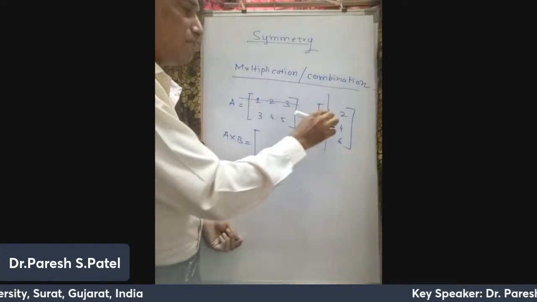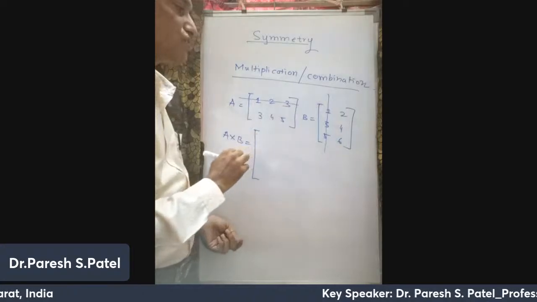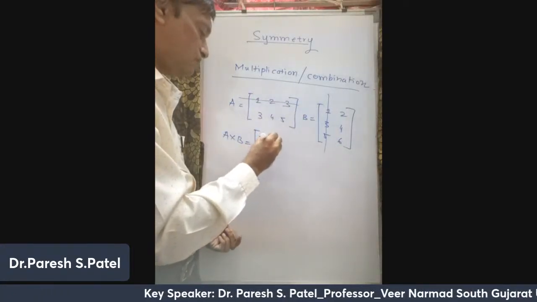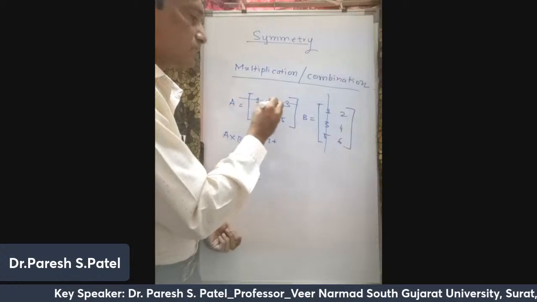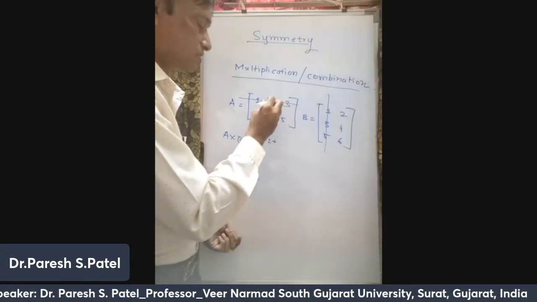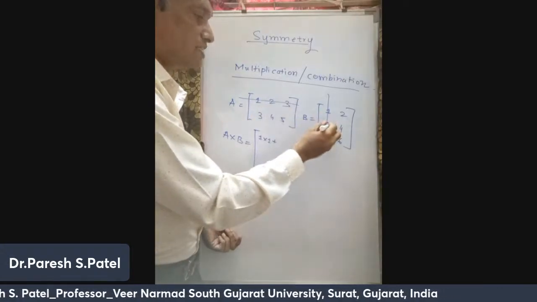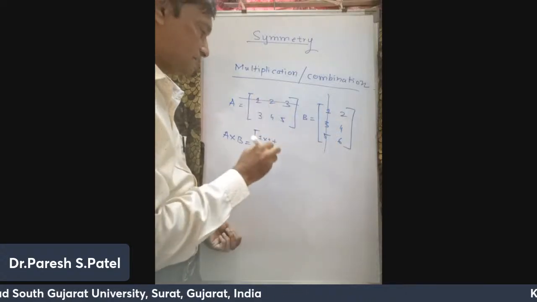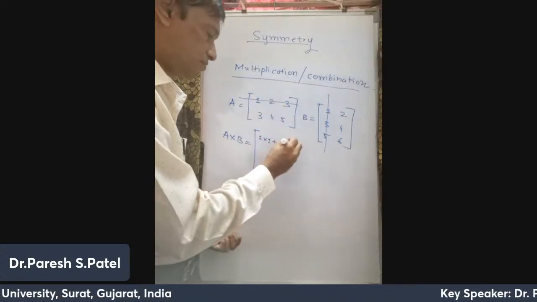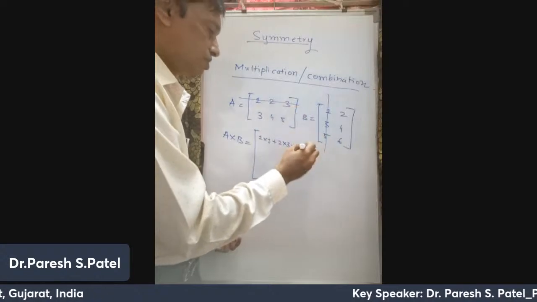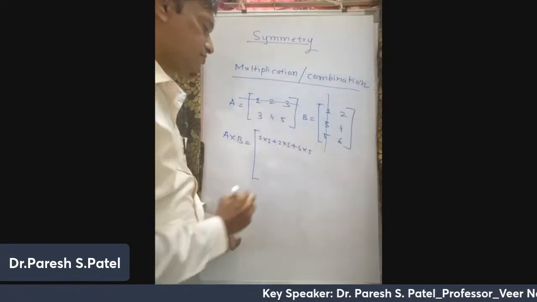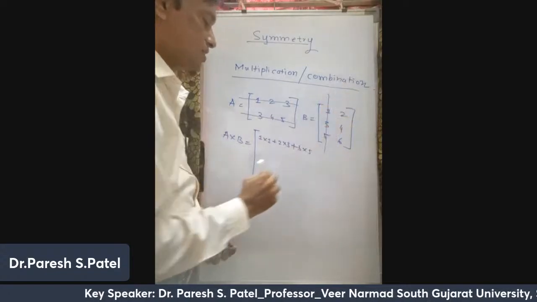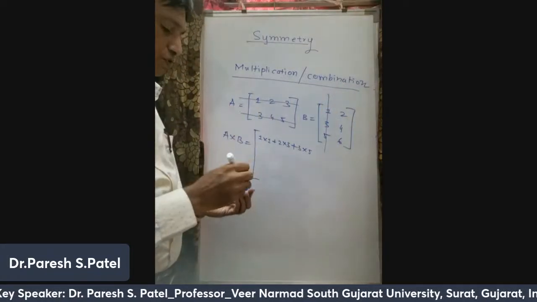So the first element of the first matrix and the first element of the second matrix. 1 by 1 plus the second element of the first row and the second element of the first column of the second matrix. So 2 by 3 plus 3 by 5.